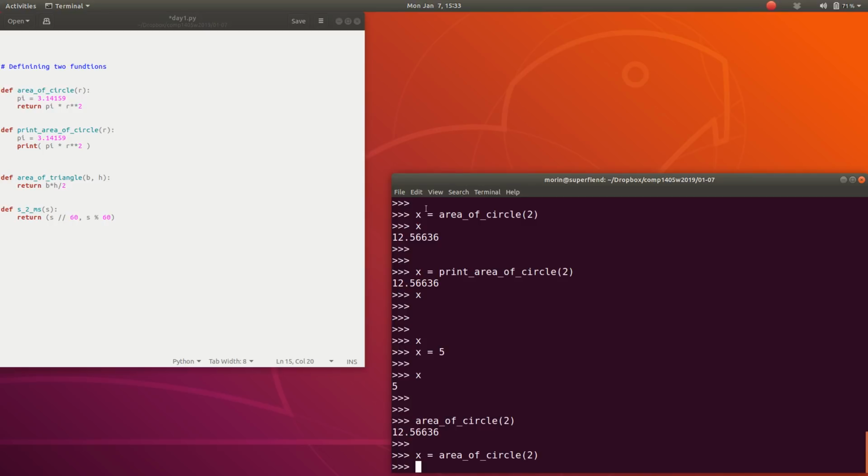Okay. Other questions? Yeah. For the print, I need the brackets. Print is a function, so we're calling that function, and like all the other ones that we've been calling, you put brackets around the arguments.